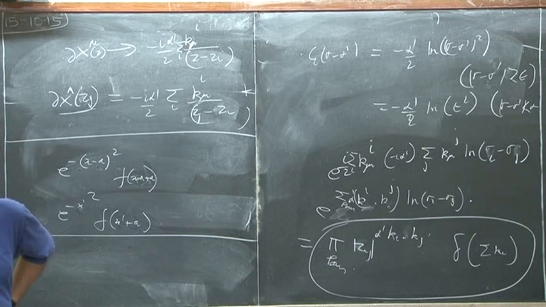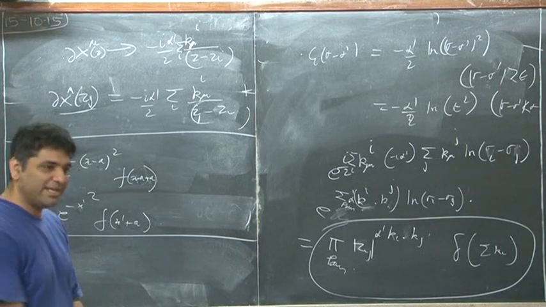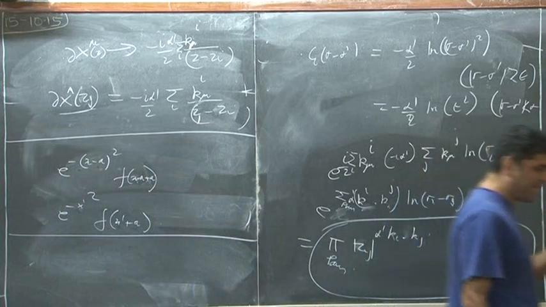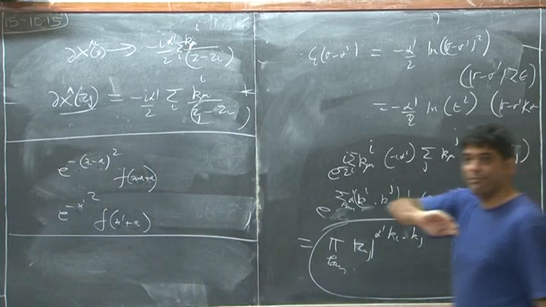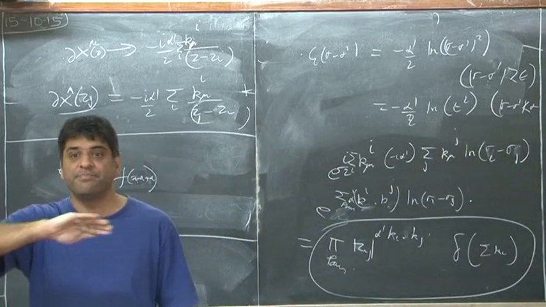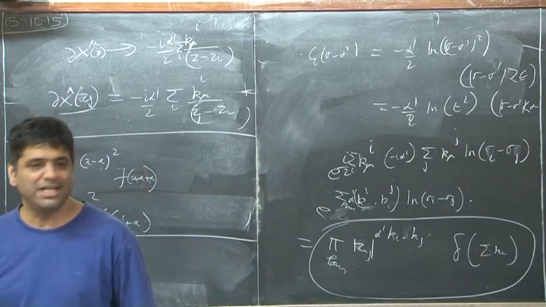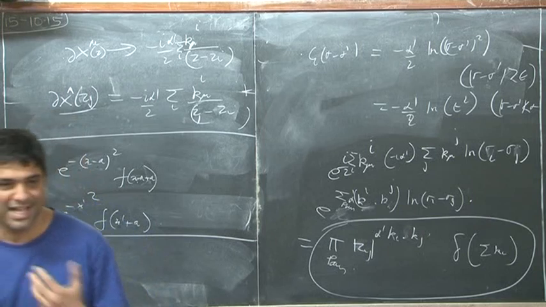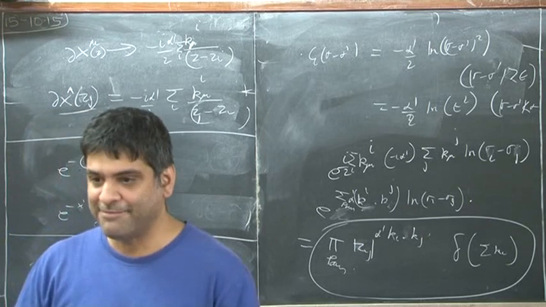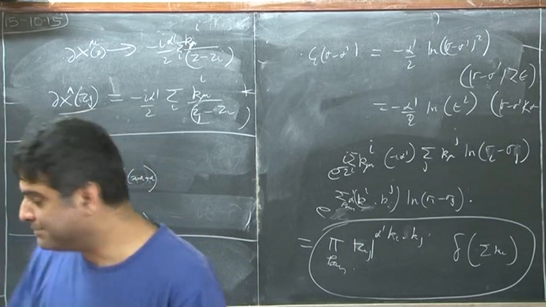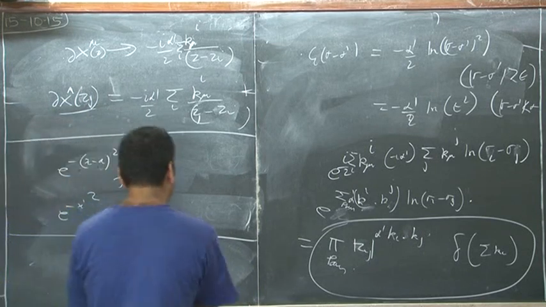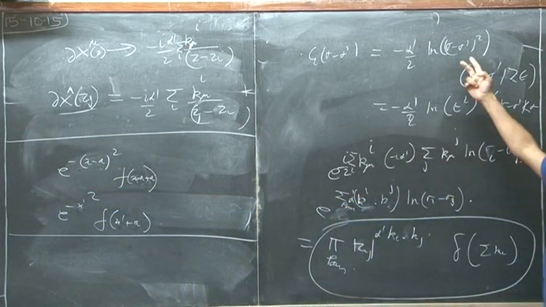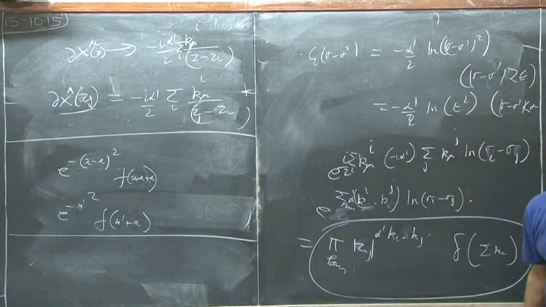But there's a problem with this regulator. And the problem with this regulator is that it violates diffeomorphism. Why does it violate diffeomorphism? It's because if we have an arbitrary metric, so let's say that we've got a metric that we fixed up to a Weyl factor, the flat metric times a Weyl factor, we're not allowed to put some cutoff on coordinates.